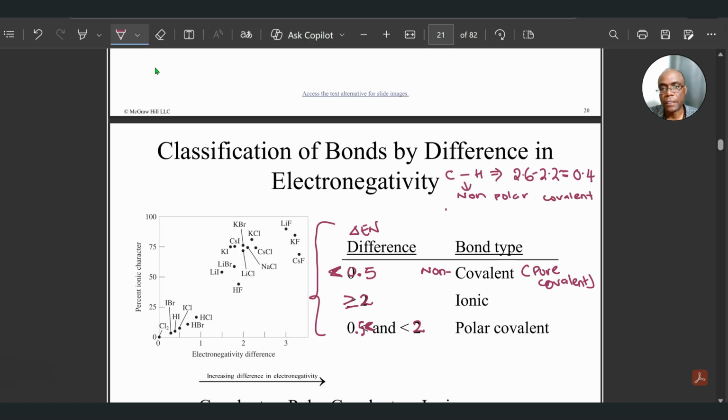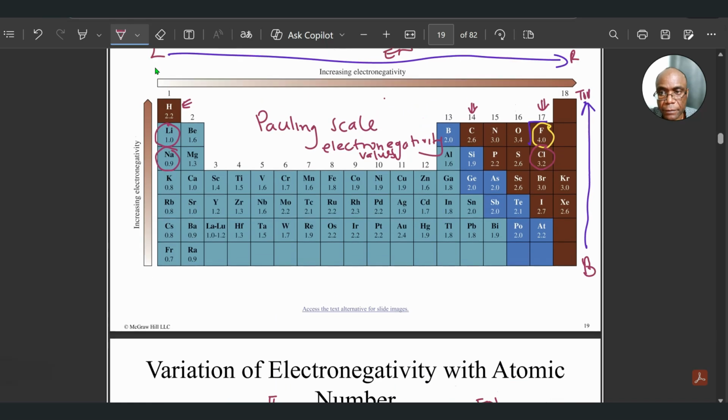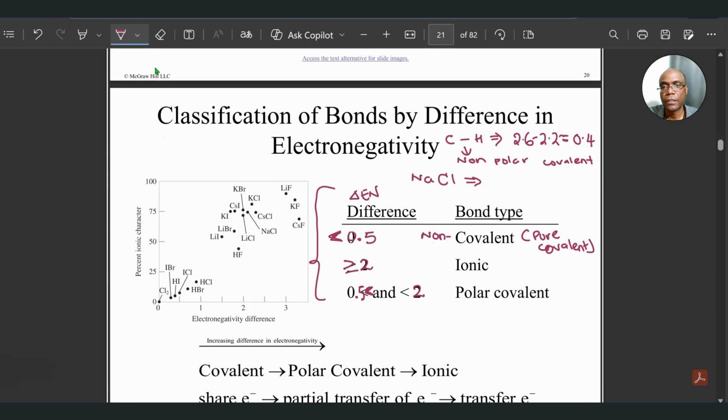Now let's look at the case of sodium chloride. What is the Pauling scale value of sodium? Sodium is 0.9, chlorine is 3.2. I'll do bigger number minus smaller number always.